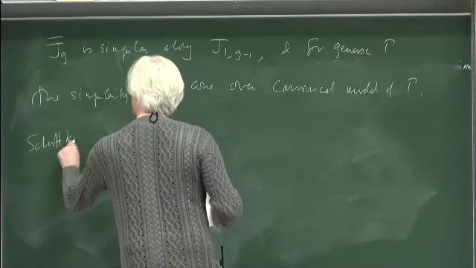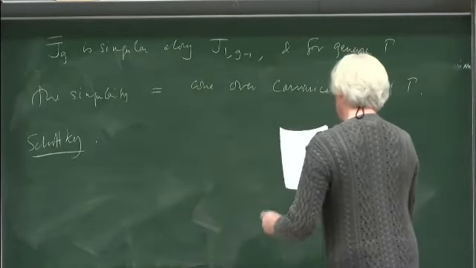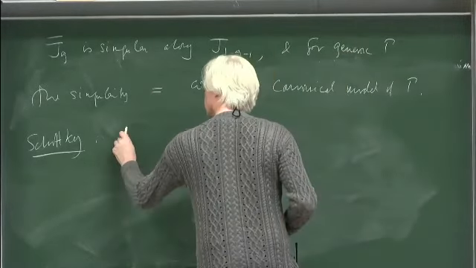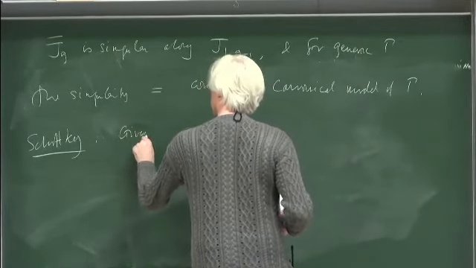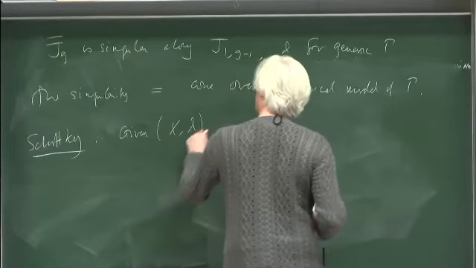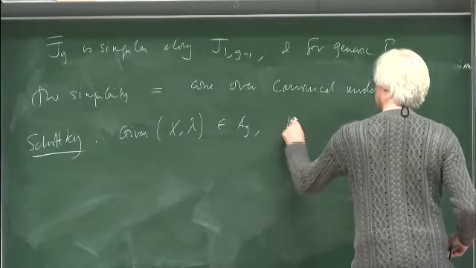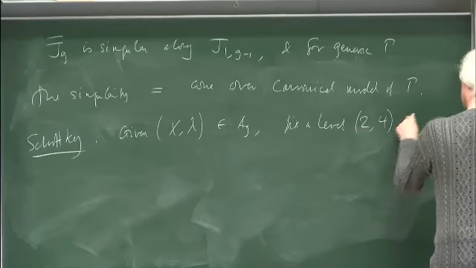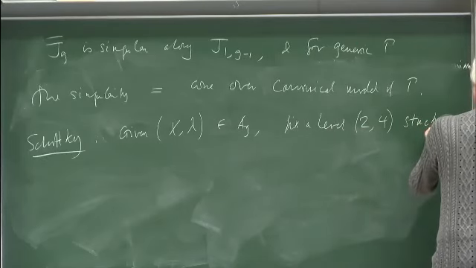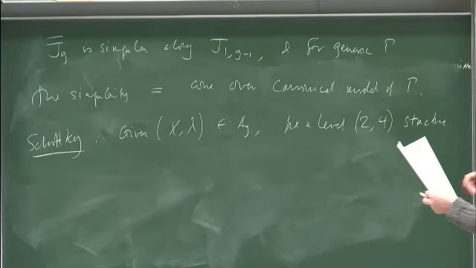He did this. Given a point in the moduli space, fix a level 2 four structure. It doesn't really matter what this means, because it's a small amount of extra information.